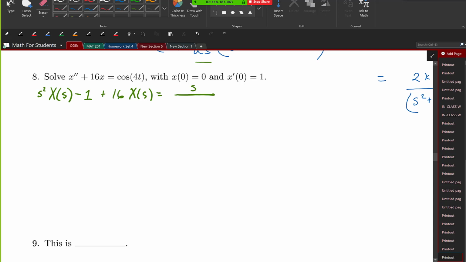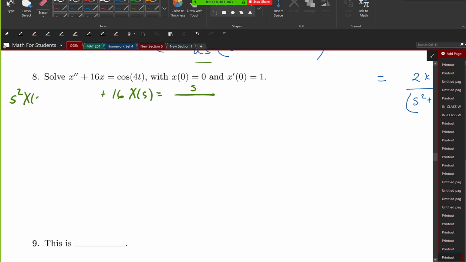Great question. I think it's just minus 1 because what it was s squared x of s minus s times x of 0. Yeah, cool. So maybe I shouldn't have tried to do that in one step. No, that's totally fine. Yeah, but it was so silly to do.